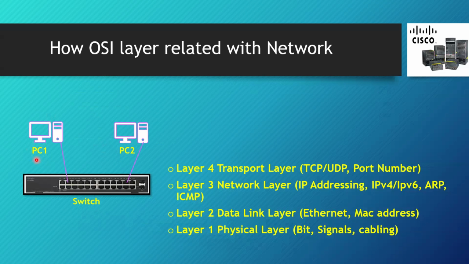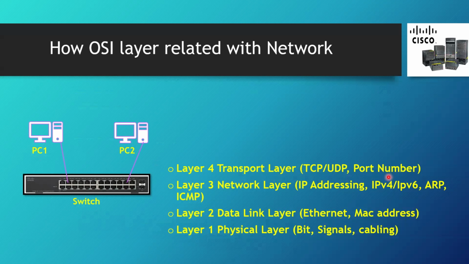TCP's main job is to transport the information from source to destinations, and in some areas we use TCP, in some areas we use UDP. For example, in order to send data and documents, we use TCP. In order to have live communications, we use UDP protocol. So TCP and UDP are part of transport layer.